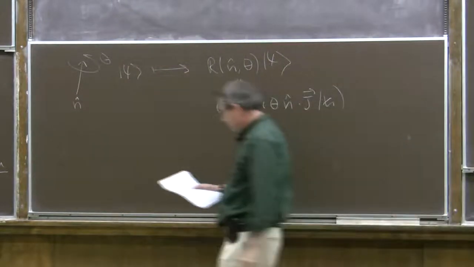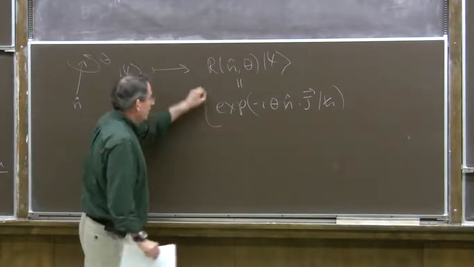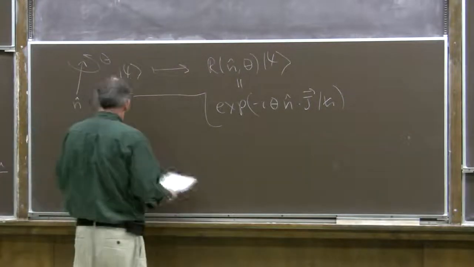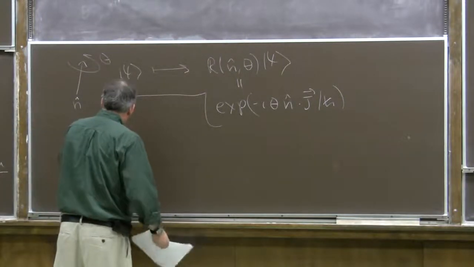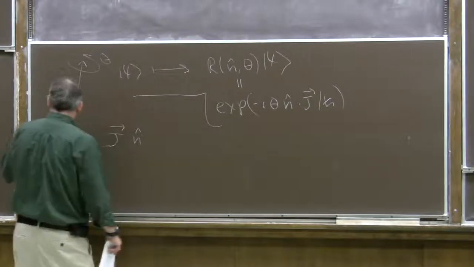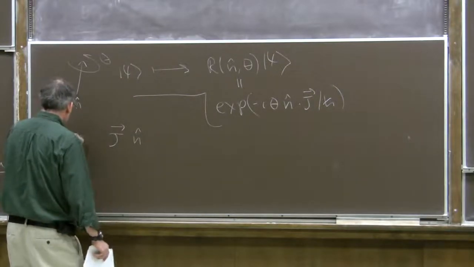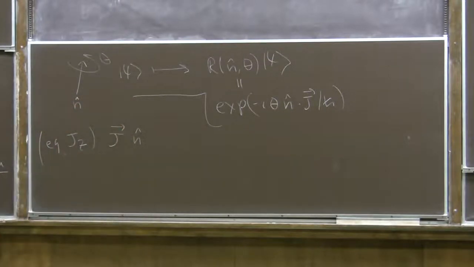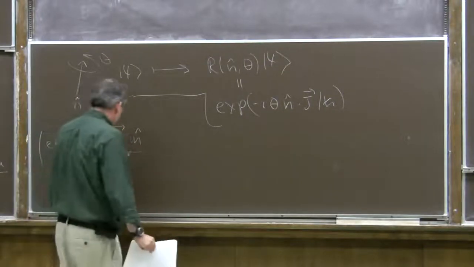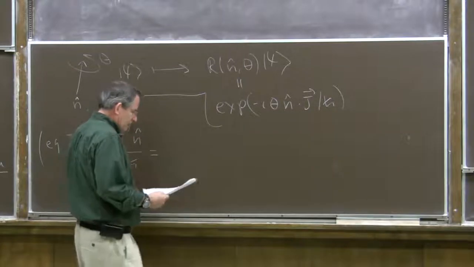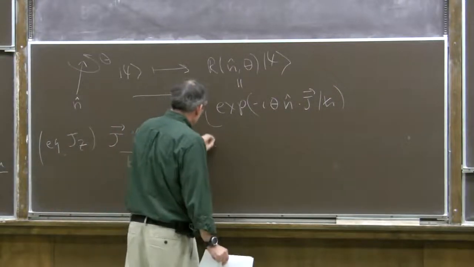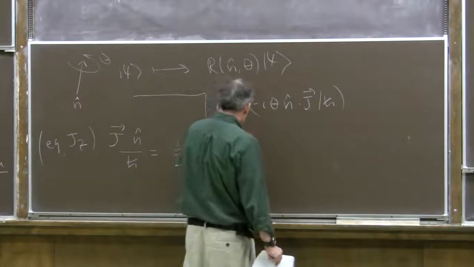So you learned about how angular momentum is quantized, and you know that if I consider angular momentum along some axis, for example, the z-axis, in units of h bar, it can be 1/2 times either an even integer or an odd integer.